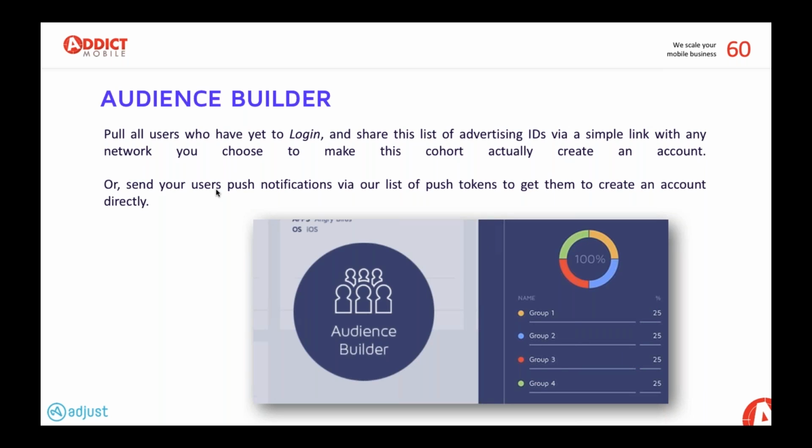Or, for example, you already have a very successful app and you are launching another app and you would like to cross-promote your app. So basically get the best users from the first app and target them with ads so that they also install your second app and contribute to its success.